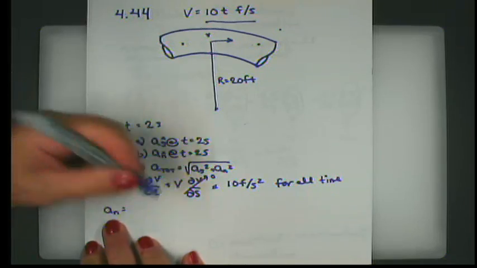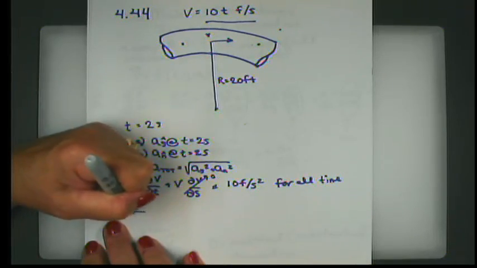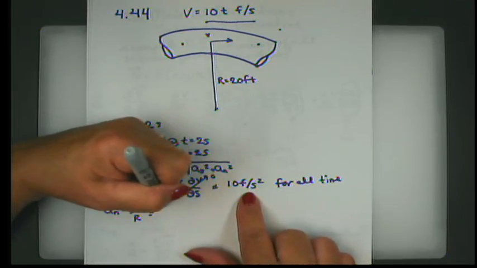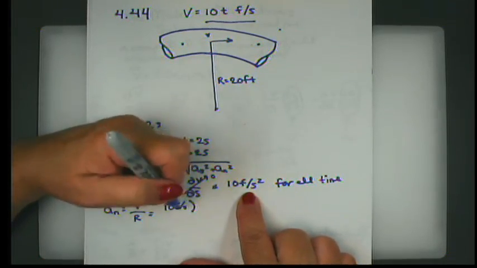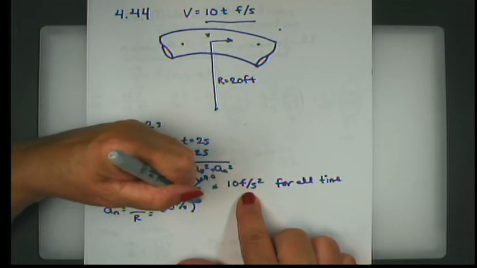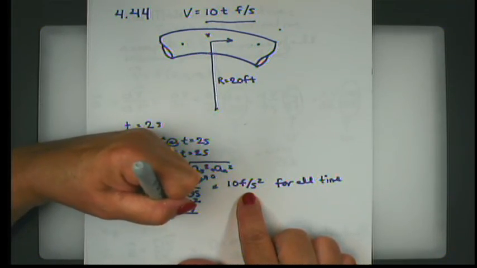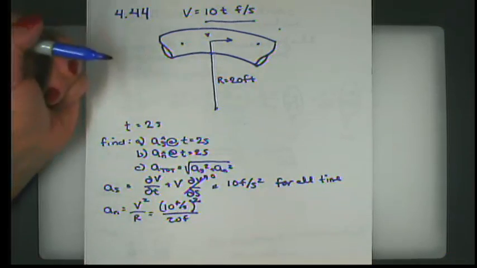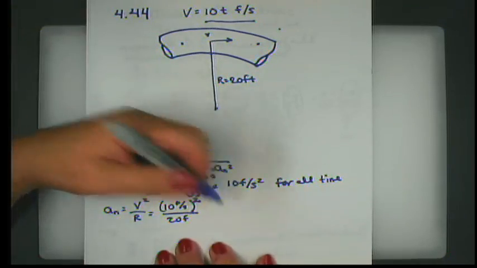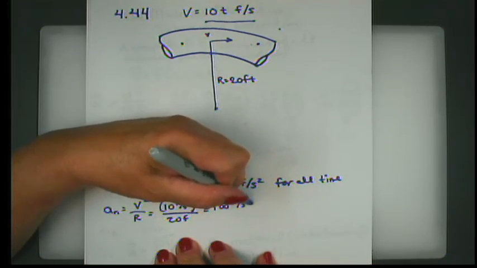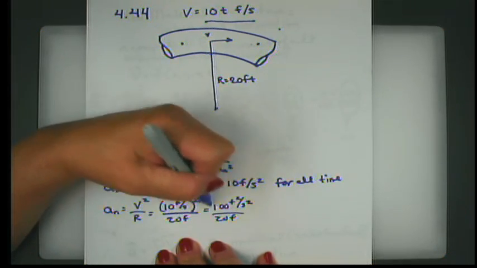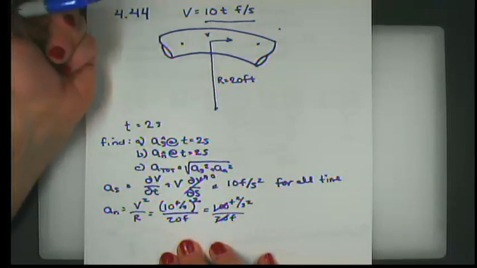A sub n is going to be equal to v squared over r, which is 10 feet per second squared, divided by the radius of curvature of 20 feet. So 10 squared is 100. It's feet squared per second squared, divided by 20 feet. 20 goes into 100 5 times.